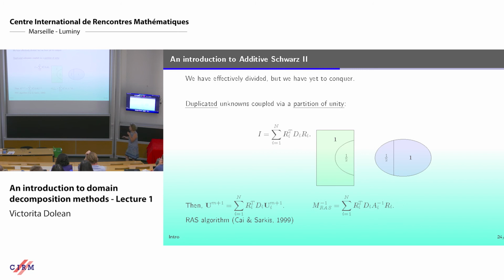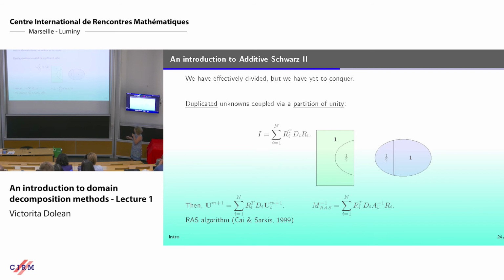Also Martin was among the first people who identified the fact that this was the exact discretization of the original Schwarz algorithm. And this bears the name of RAS, restricted additive Schwarz, right? But the discrete version of this was discovered independently by Cai and Sarkis in 1999, and later on the link with the original Schwarz was established.